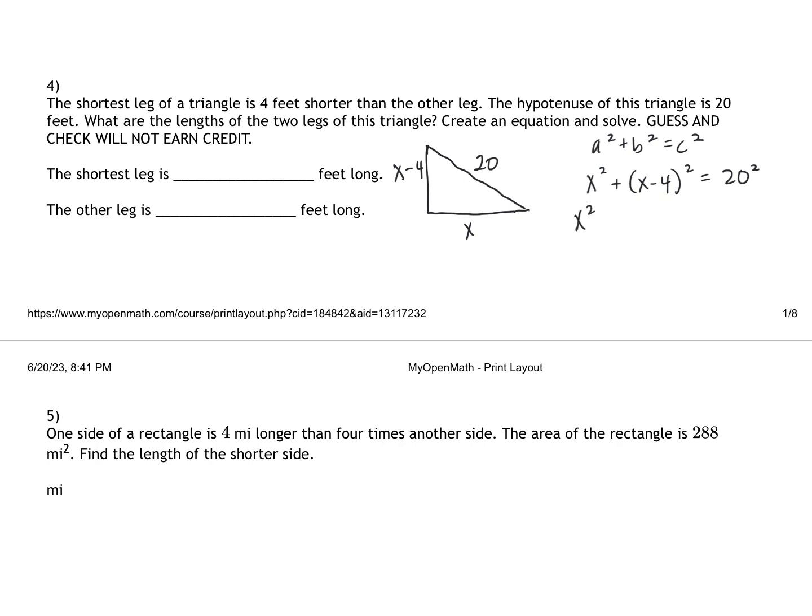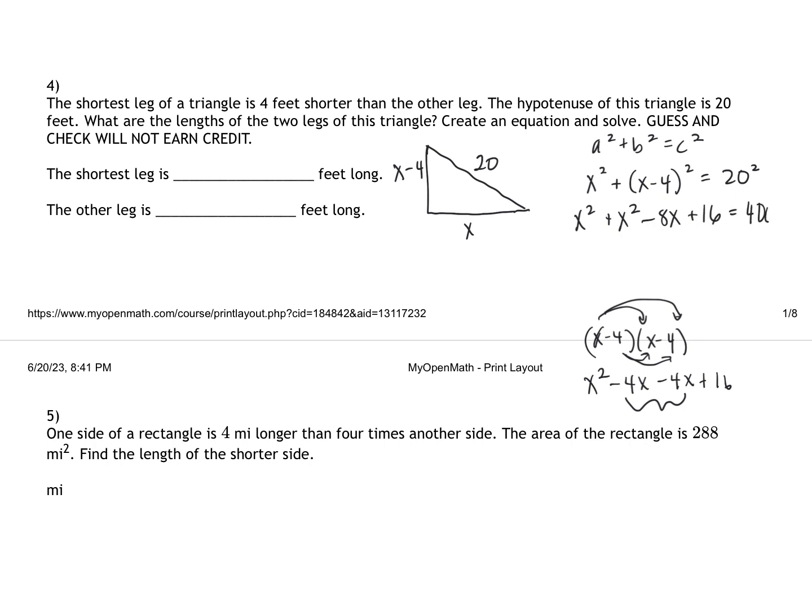So this is x squared. (x minus 4) squared means we have to write it down twice and FOIL it or multiply it out. So that'll be x squared minus 4x minus 4x plus 16. So plus x squared, these will combine into minus 8x plus 16 is equal to 20 squared, which is 400.